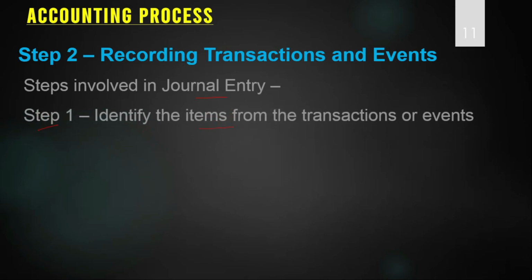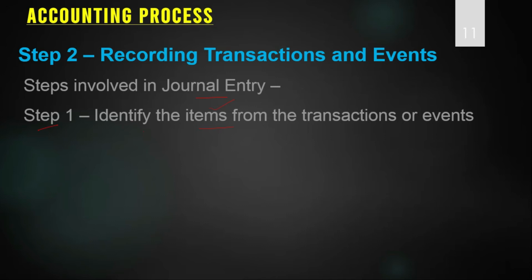In every transaction, you have to identify the items or identify the accounts. For example, you need to identify cash, supplies, equipment, accounts payable, accounts receivable, common stock, etc. There are several items, several accounts. So what accounts are there in the transactions or events, you need to identify.